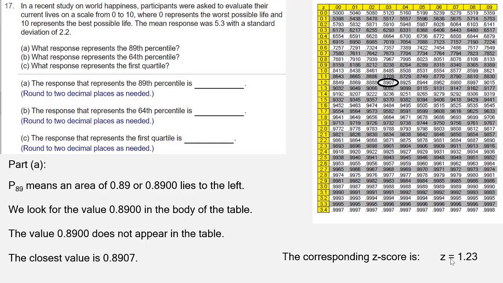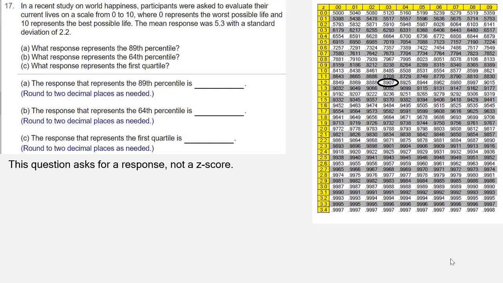Keep in mind, this question doesn't ask for a z-score, it asks for the response value. So we are going to have to actually find the response. That requires us to use the x-value formula from our notes. The x-value formula is that x is equal to mu plus z times sigma. We plug in all the values that we have.